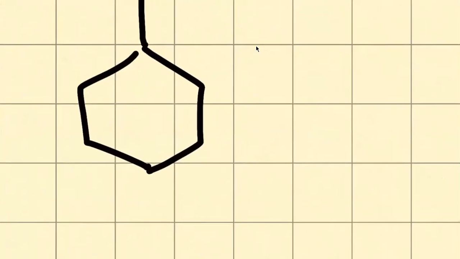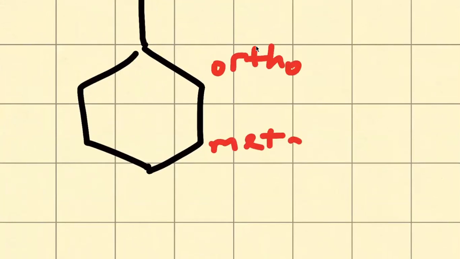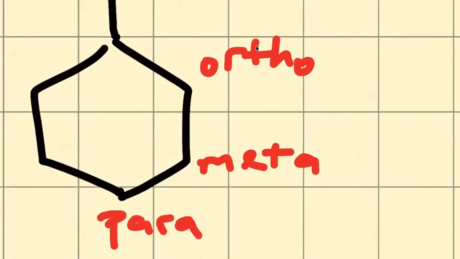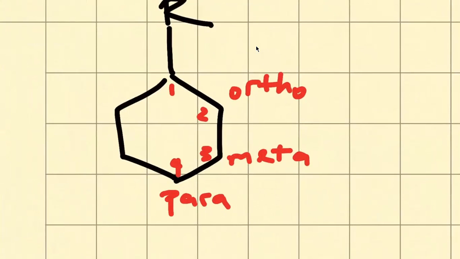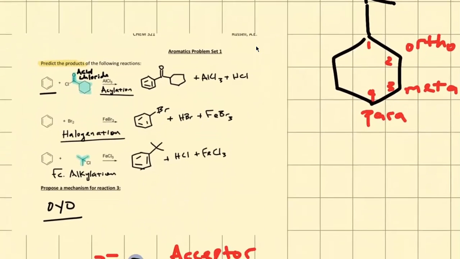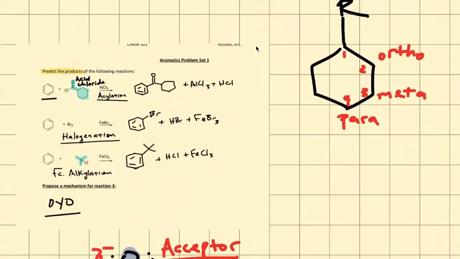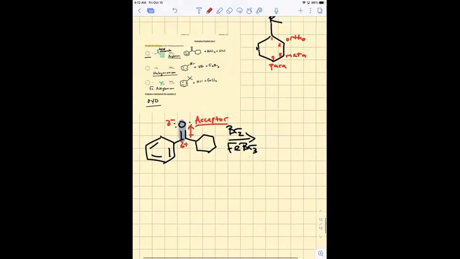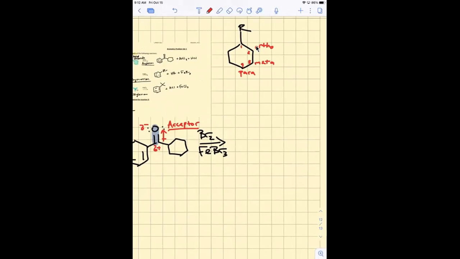I got three positions that are going to be available: the ortho, meta, and the para. Right, this is 1, 2, and then 1, 3, and 1, 4. But depending on the nature of the substituent on the ring, that's going to determine whether or not it adds in an ortho fashion, a para fashion, or meta fashion.